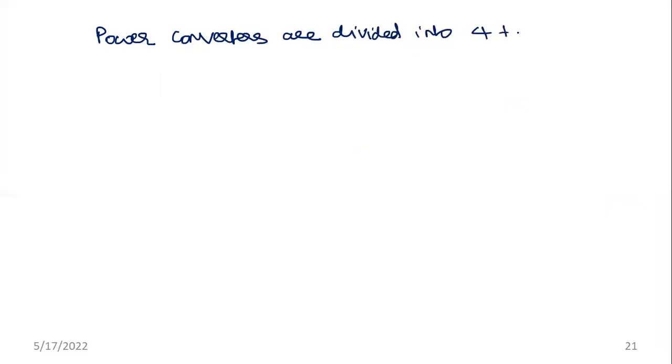So power converters are divided into 4 types based on input and output. You have seen what a power converter is, right?